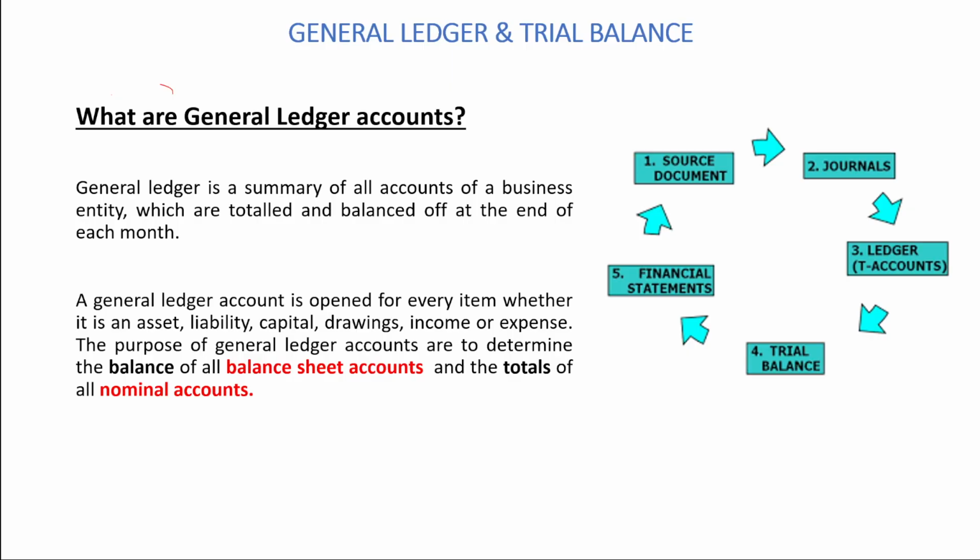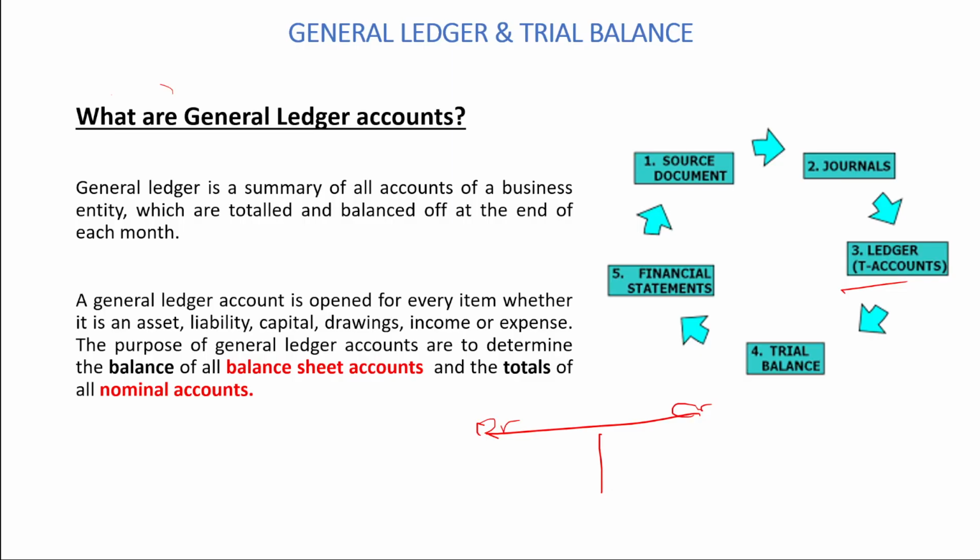You have your source document first, then you prepare your journals, which indicate the amount of money you received, the amount of money you paid, or the fees that you have incurred. And then from that point, we have your ledger account, which is your T account. For each and every account, you have the debit side and the credit side, which determine whether the account is increasing or decreasing.